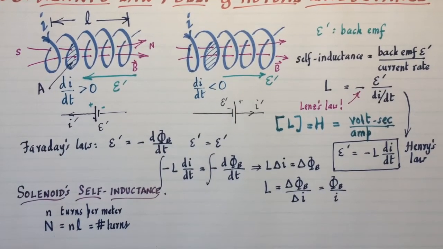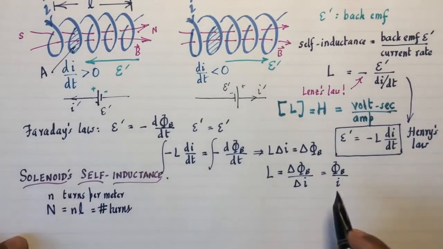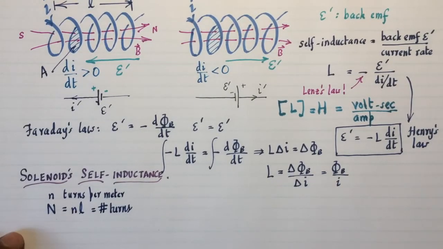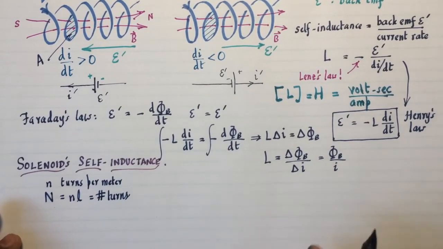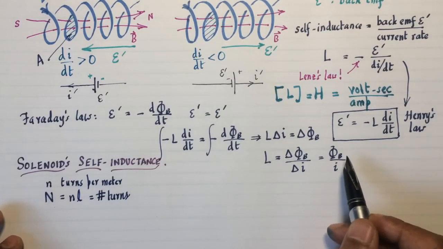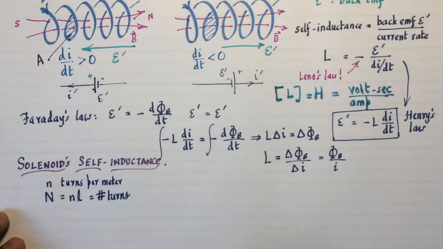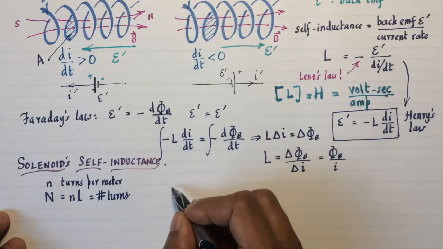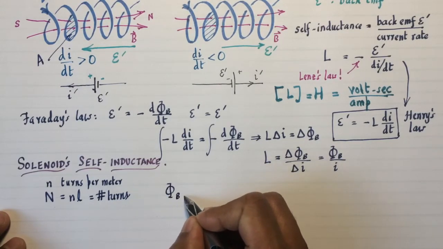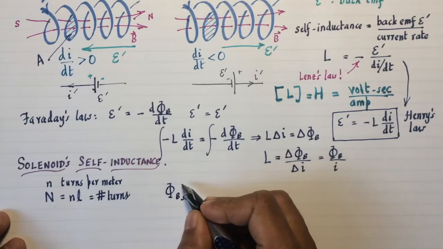So now I'm ready to find the self-inductance using this basic definition. I'm going to assume that initially there's no current, so all I have to do is find the flux right now and divide it by the total current. Well, the flux right now is the flux through the solenoid, through the open surface.